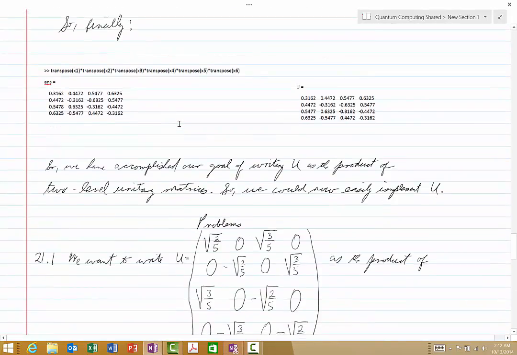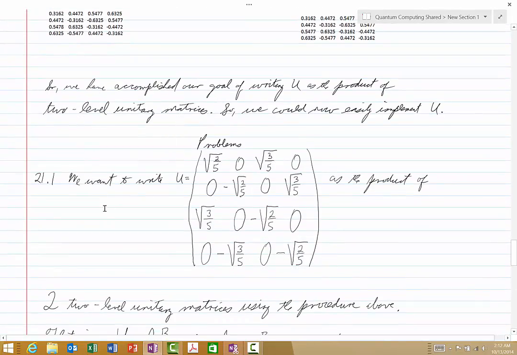Let's look at your homework problem. In the first homework problem, I'm going to ask you to use this procedure to decompose this matrix into two-level unitary matrices. And this number here is already 0, and when you go through this procedure, that will not change. So the last X that you calculate, I'll go ahead and tell you now, you only have to calculate 2 matrices.